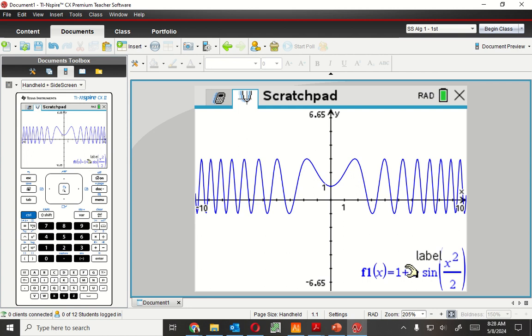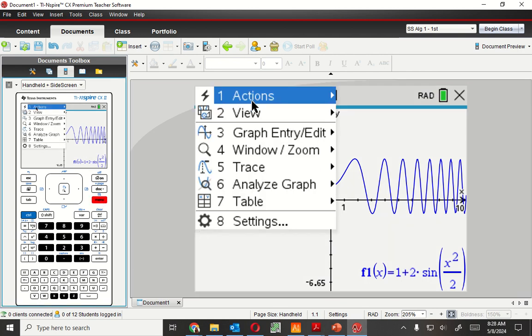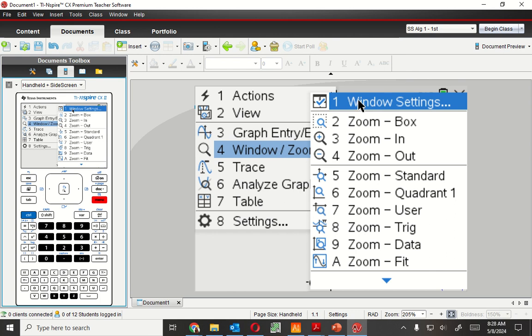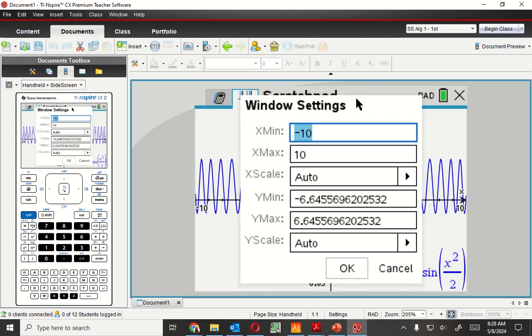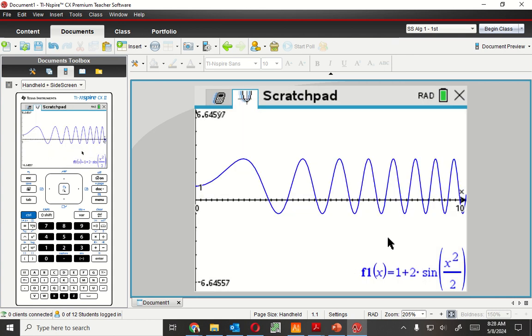What was my initial condition? I start at 0, right? So the whole left side of this graph I can get rid of. Let's change our window to make this a little easier to read. We could leave it at 10. There we go, starting out.